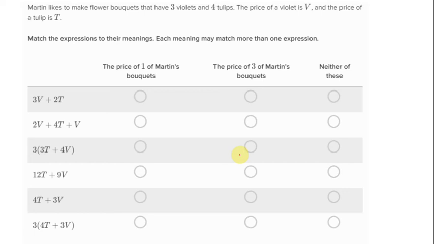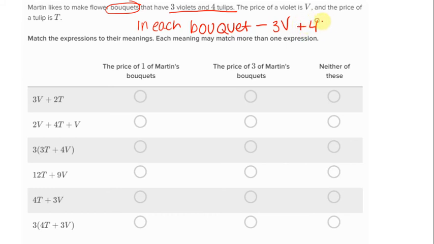Some of you might have actually seen this exact problem before. Alright, Martin likes to make flower bouquets that have 3 violets and 4 tulips. So in each bouquet there are 3 violets and 4 tulips.